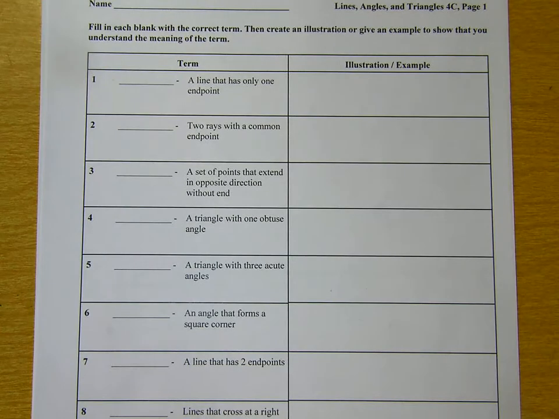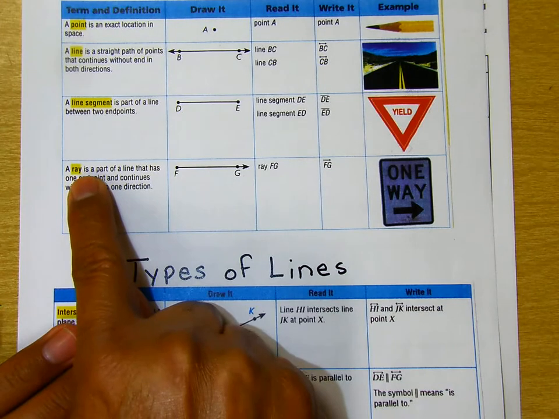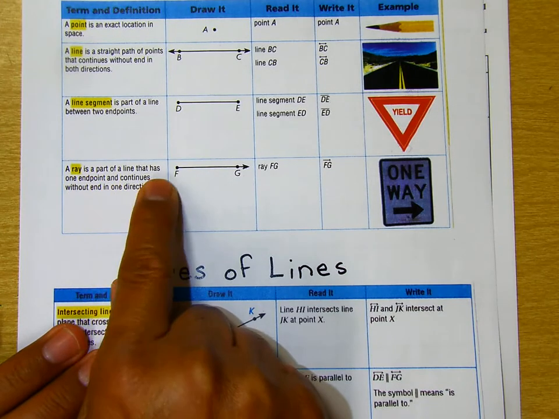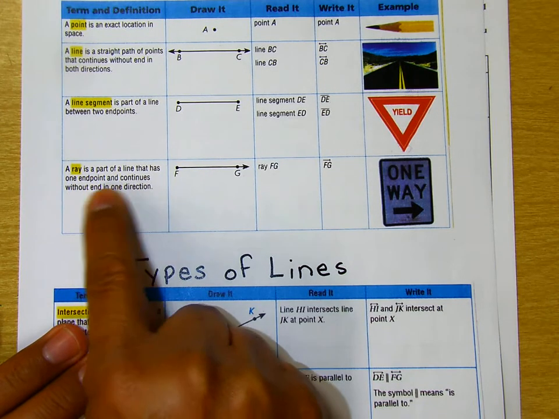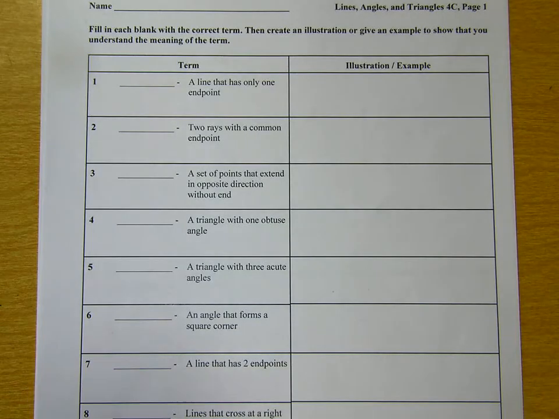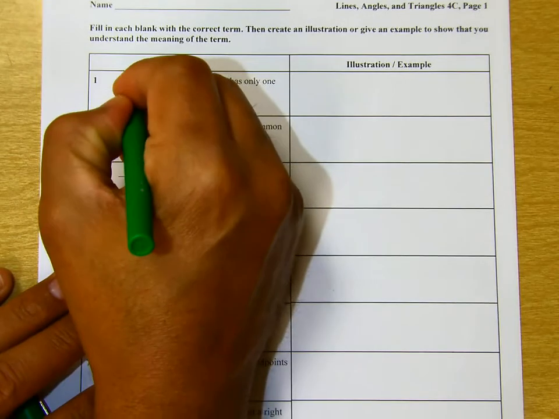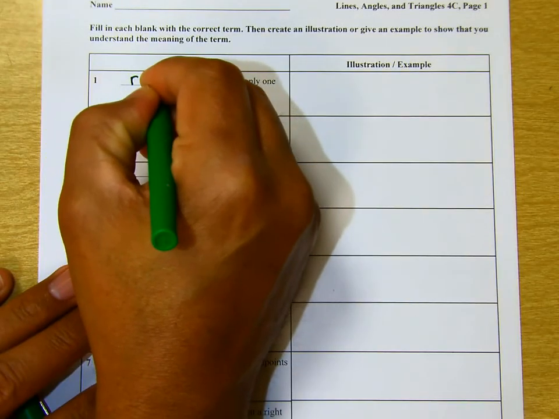So if I look at our notes and I look for ray, a ray is a part of a line that has one endpoint and continues without end in one direction. So that sounds like our definition over here. A line that has only one endpoint. So this is a ray.